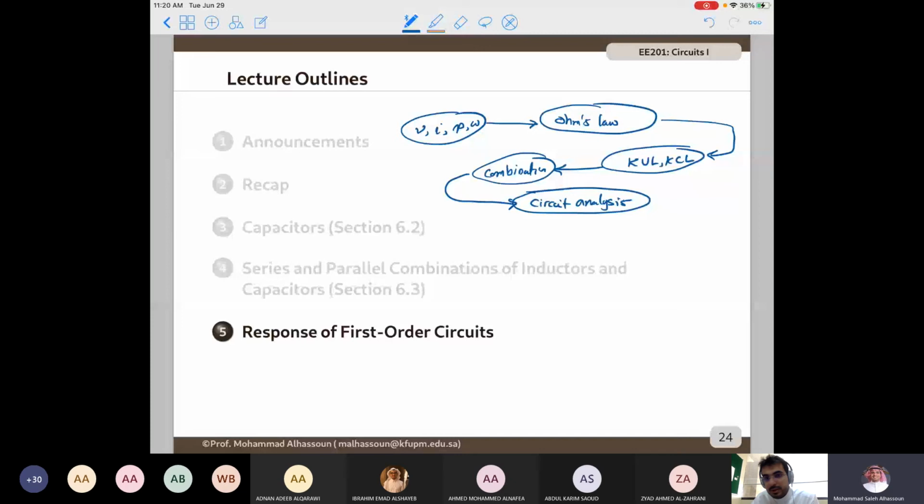Then we said, well, that's enough about DC. We've mastered almost every aspect of DC. So let's introduce two circuit elements that are going to be very useful in our analysis. So we introduced inductors and capacitors.